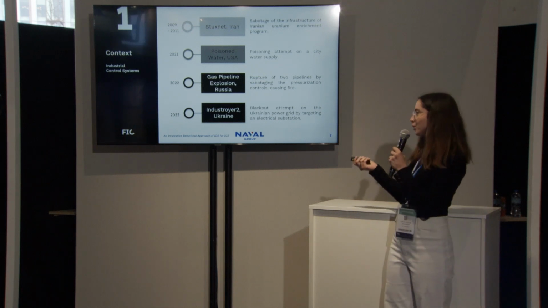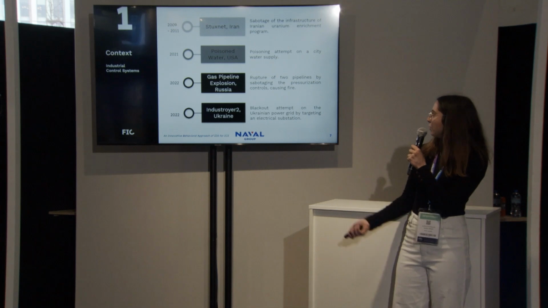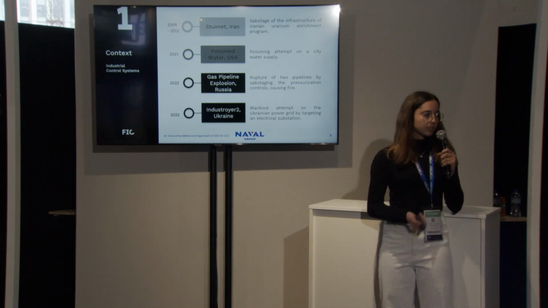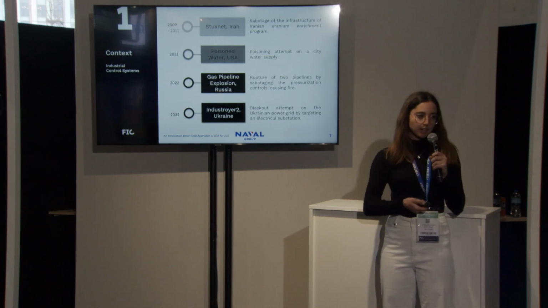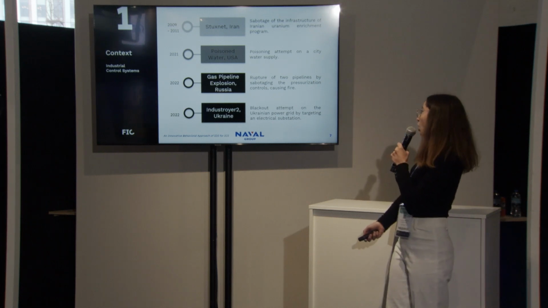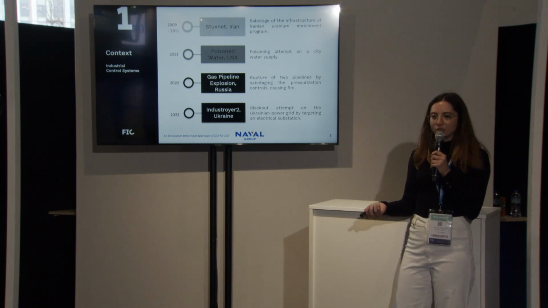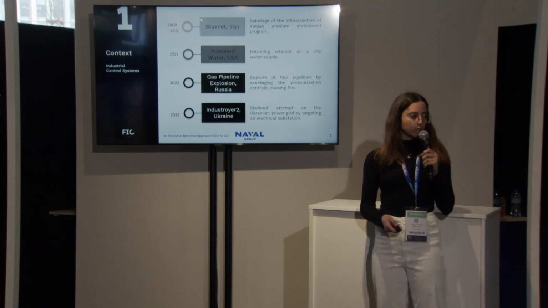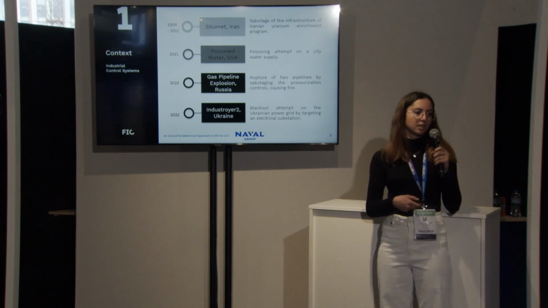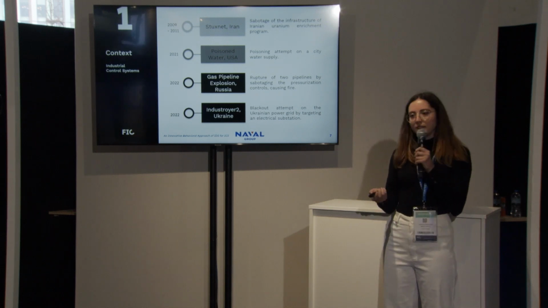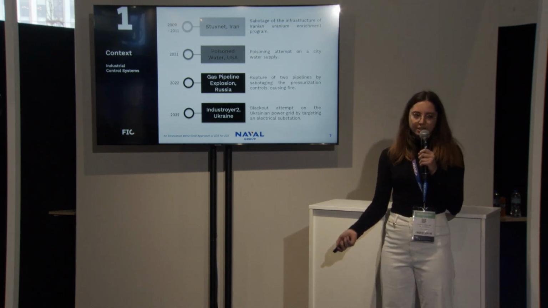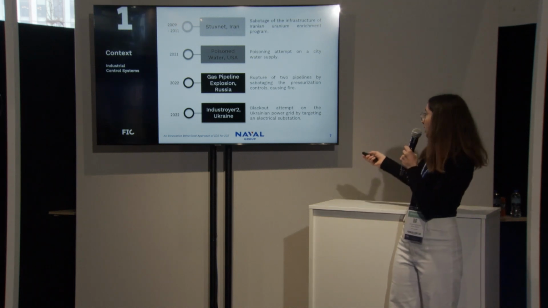I had to put the well-known and famous Stuxnet attack, which is not the first, but one of the first attacks targeting specifically ICS. There were other attacks in recent years, like a poisoning attempt in Florida in 2021, and of course in the recent conflict events between Ukraine and Russia, there were a lot of ICS attacks also.